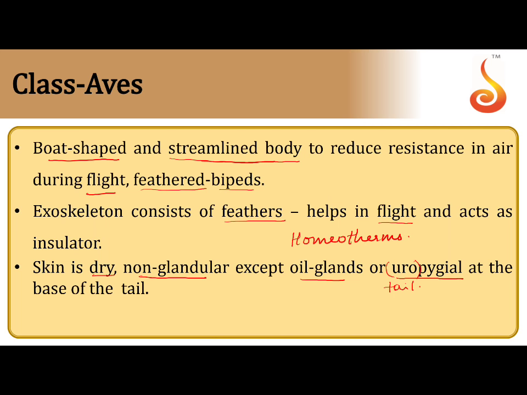The reason is it keeps picking up the oil from the back and lubricating the feathers so that if it comes across water or something like that, it doesn't get soaked. Sound producing syrinx. So, their vocal organ is called the syrinx. We all like birds chirping. This chirping sound comes from the vocal apparatus, and it is named the syrinx.